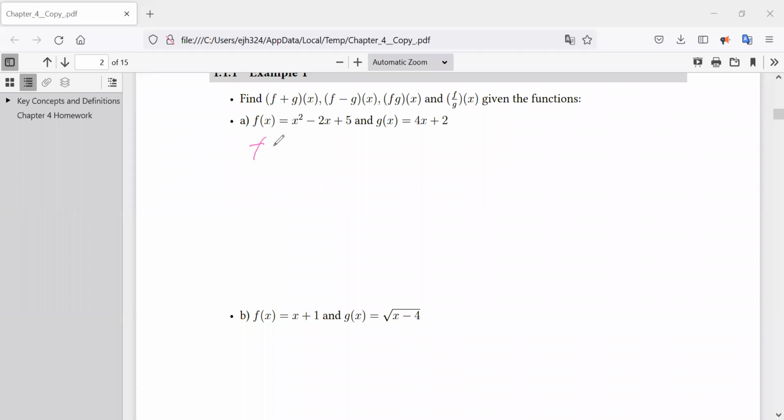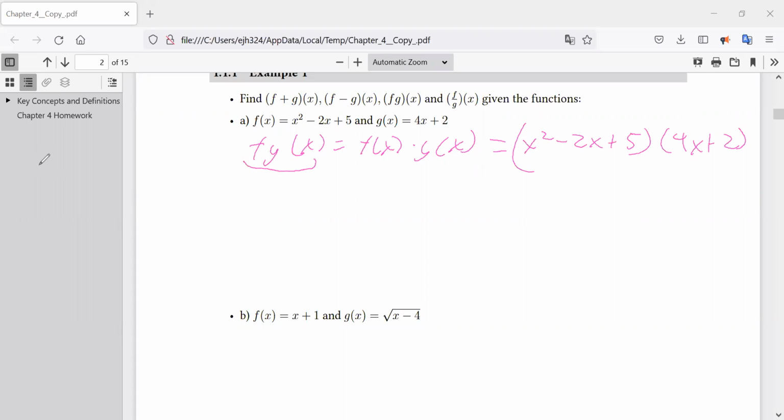f times g of x is equal to f of x times g of x. So this guy will have to FOIL out a little bit. x squared minus 2x. Student: So I know there's something called f of g, or like g of f. Is that what you're doing right now? No, so multiplication of functions is different.